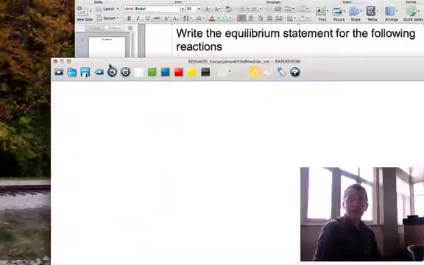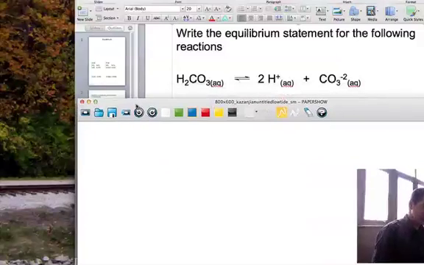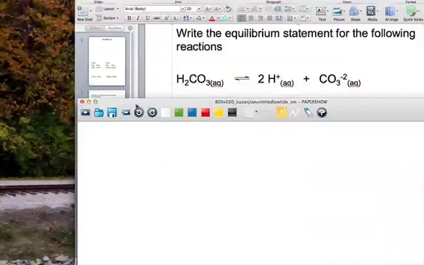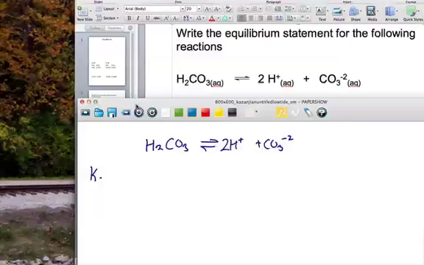So for these two equilibrium statements, let's take a look at the first one. We can write the balanced equation, H2CO3 in equilibrium with 2 H+ plus CO3 2-. These are all aqueous, so traditionally we could write this as a concentration-based equilibrium constant.